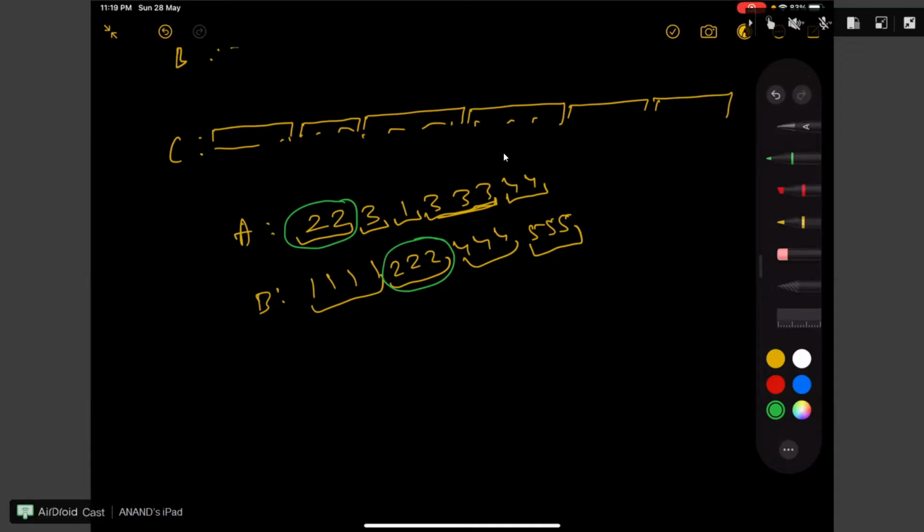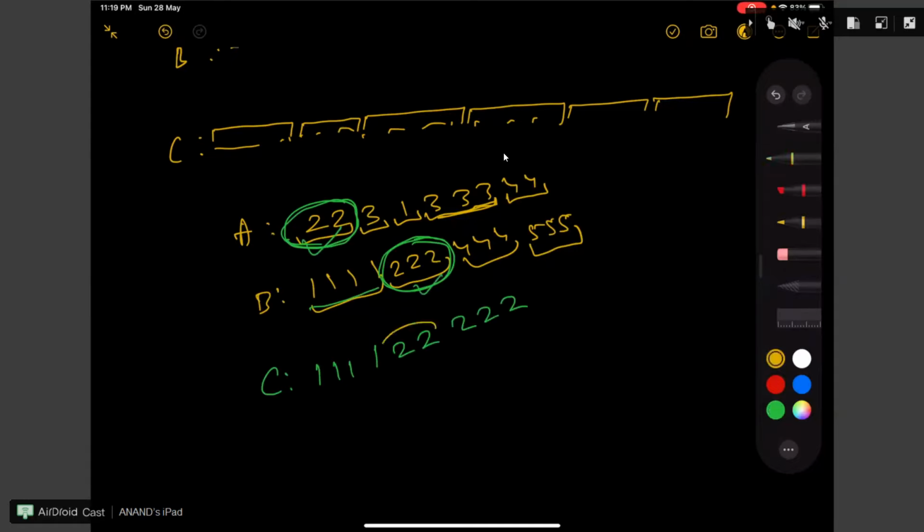It causes unnecessary disturbance. So what I'm saying is that you can always combine these two chunks of equal elements. How? First of all, write these ones together in the array C. After that write these two and then write these two.